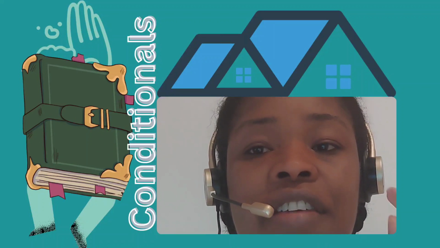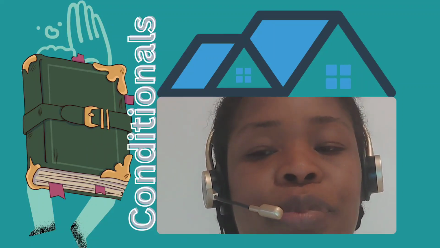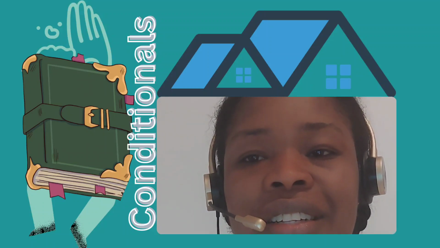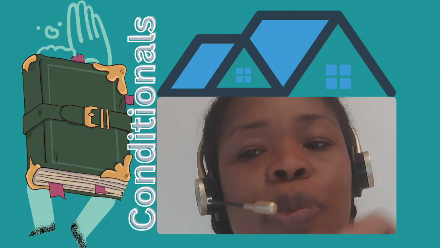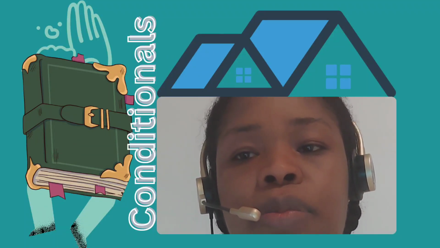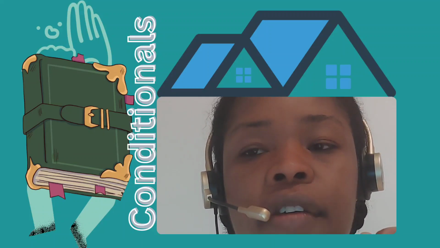Another example, if I had a car, I would drive to the beach. Do I have a car? Well, no, it's hypothetical. So had is the past tense of the verb to have. I would drive to the beach. It's would plus the base form of the verb to drive.